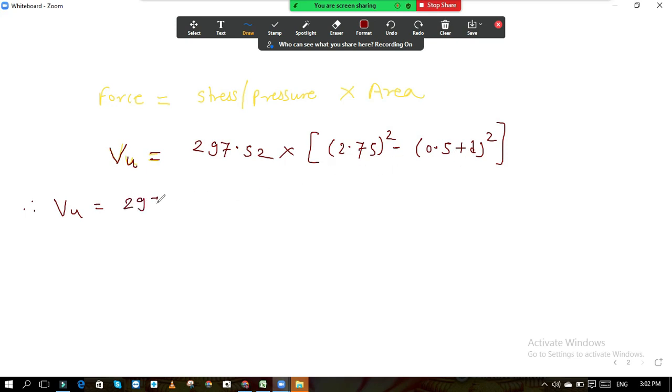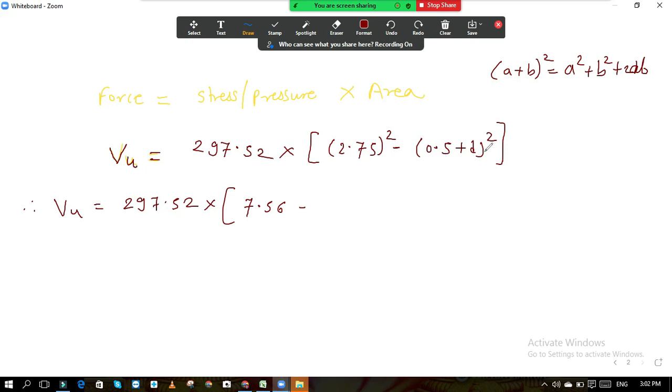So it is 297.52 as it is, into, in this bracket, 2.75 square. How much is it? 7.56. 7.56 minus (0.5 plus d) square. It must be solved like this: (a plus b) square is a square plus b square plus 2ab.